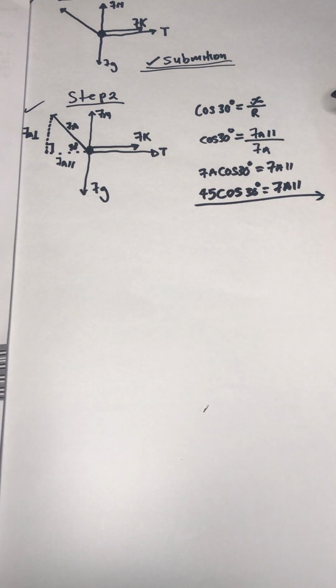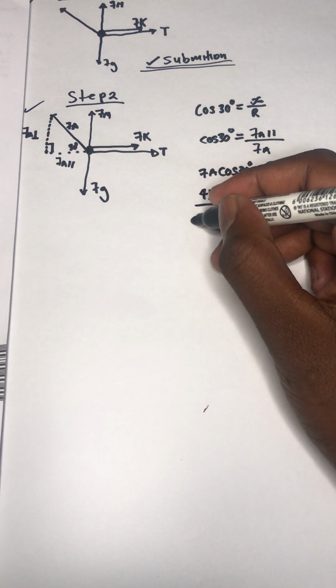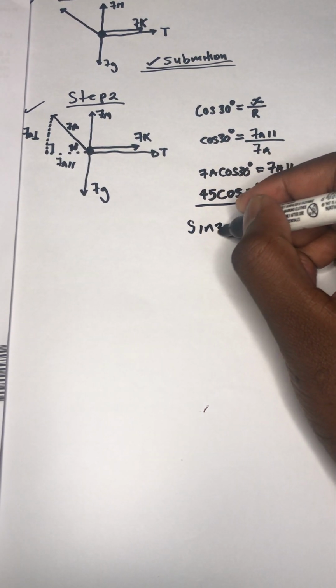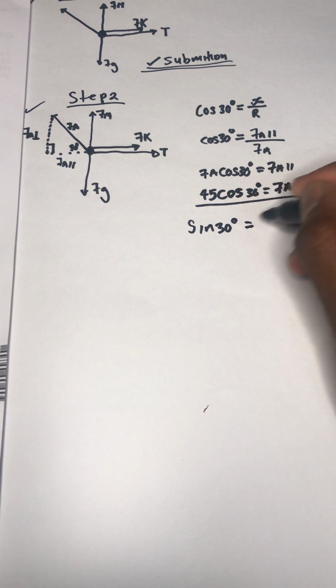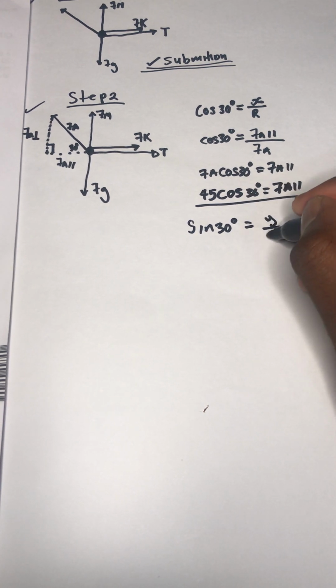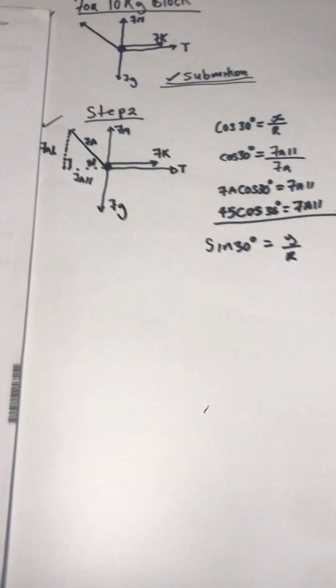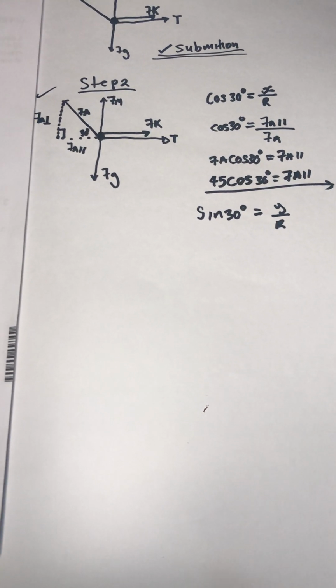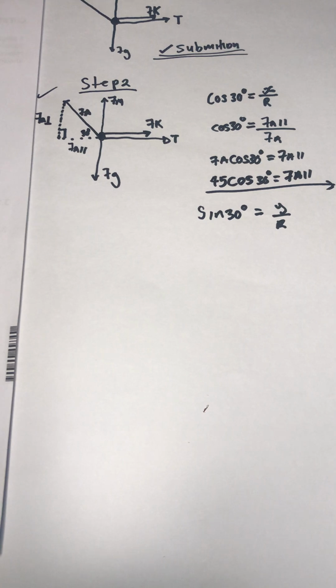Okay, this is i-component yethu yokuqala, and then senze yesibili sithi sin 30 is equal to sithi ubani opposite over hypotenuse. What is the side opposite u-30? It is FA perpendicular.